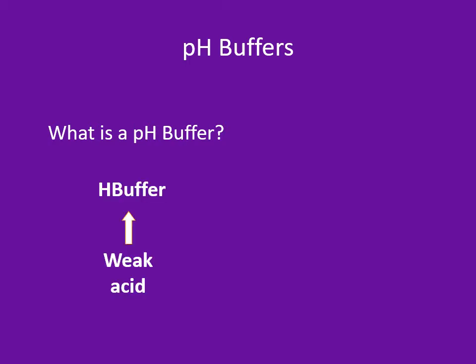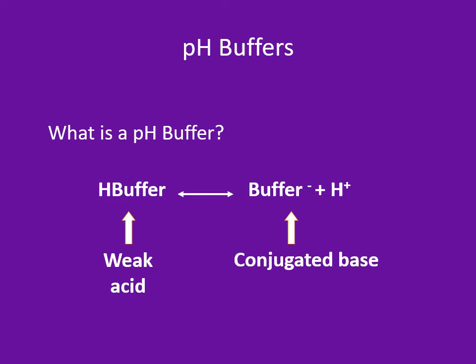Remember that weak acids coexist in an equilibrium with its conjugate base, and the magnitude of the weak acid and conjugate base depends on the acid dissociation constant of the weak acid. As in pH, it's better to transform the acid dissociation constant to pKa, which is minus the logarithm of the acid dissociation constant.